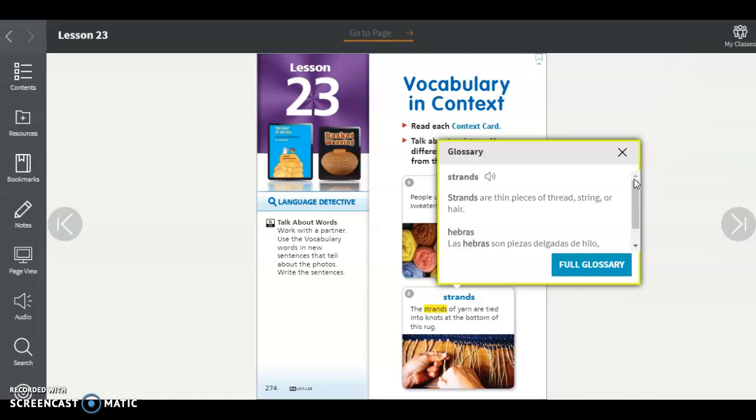Maybe if you have your hair put up in a braid, you may have strands of hair that fall out. It's thin pieces of hair. It's not a whole bunch of something. It's just small, thin pieces of hair or thread or string.